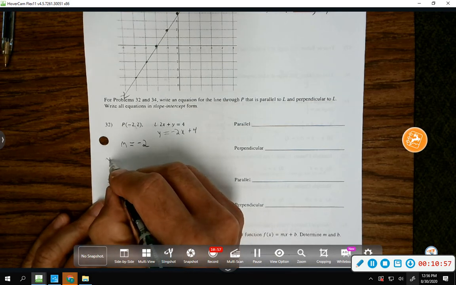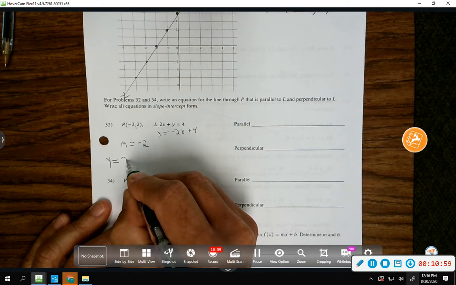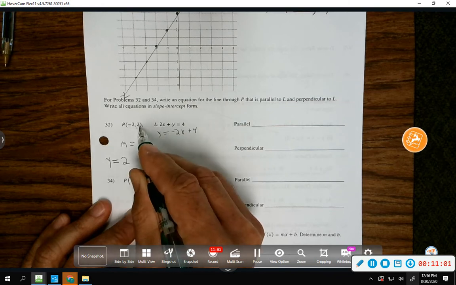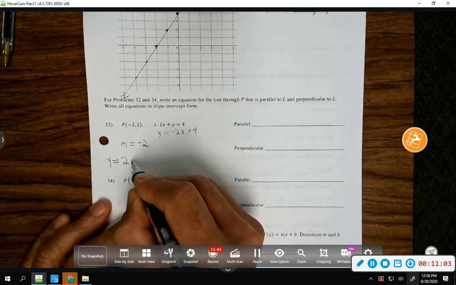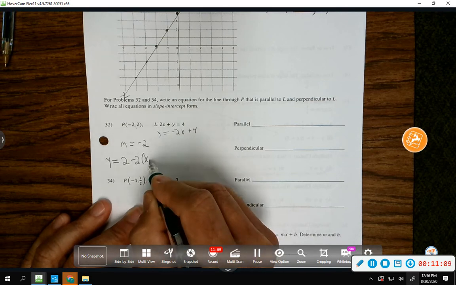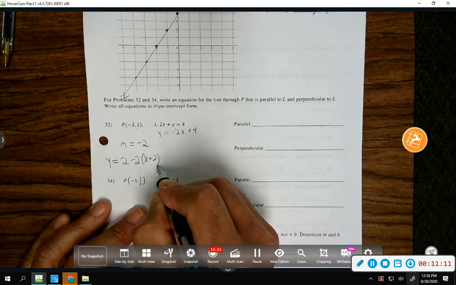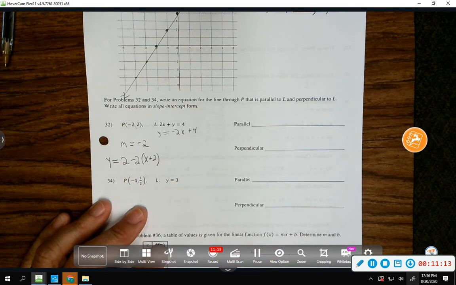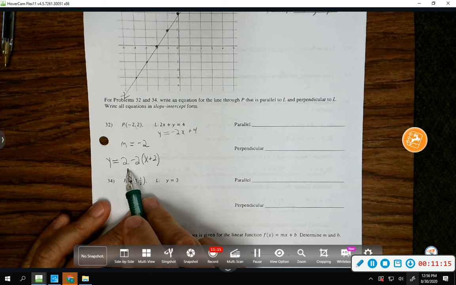So y equals the y coordinate plus the slope, and it's negative, so I'll just go minus 2, times x minus negative 2 becomes x plus 2. When I subtract a negative, it becomes plus a positive. I want you to be able to do this in one step.